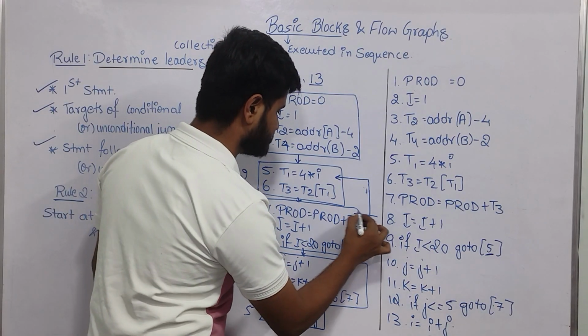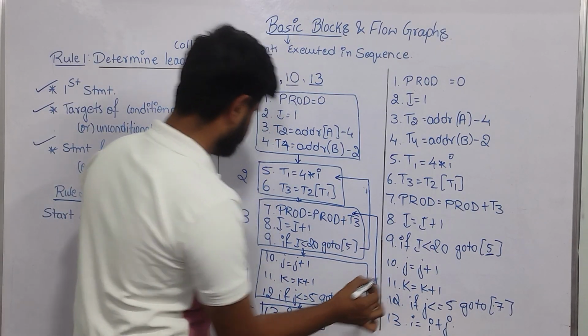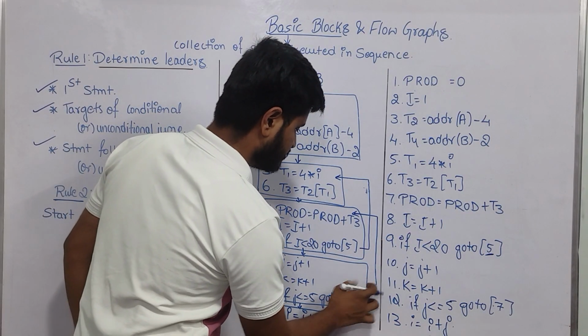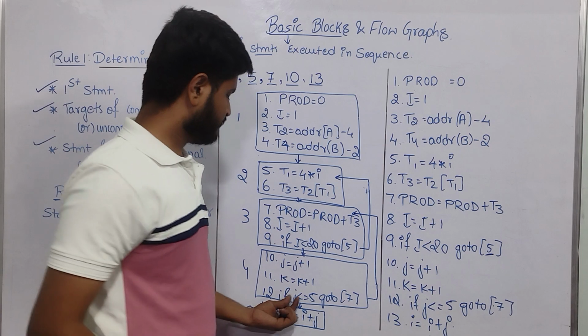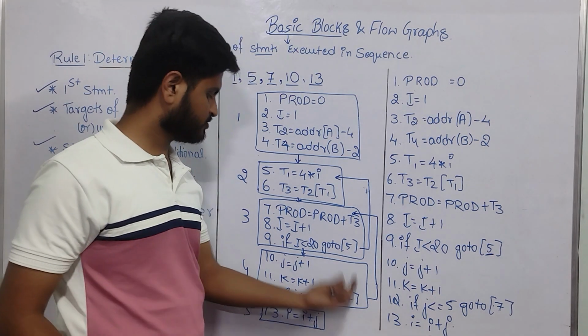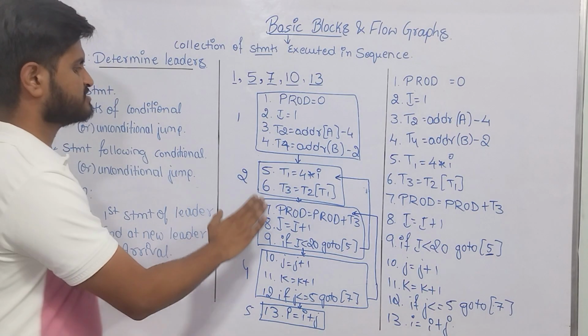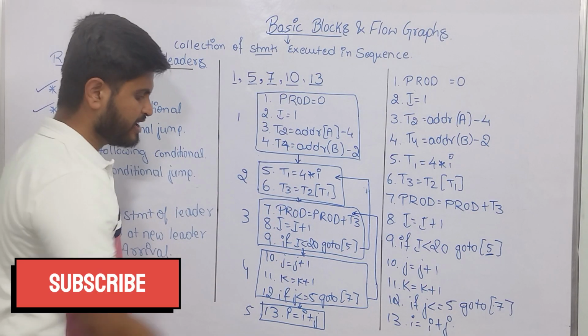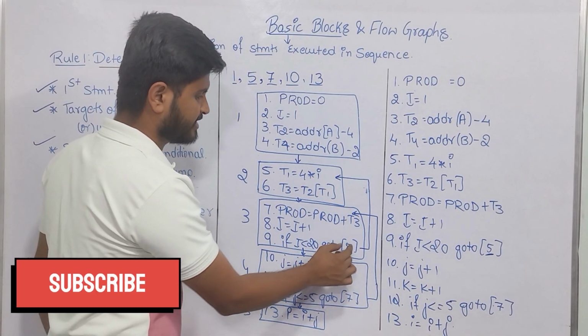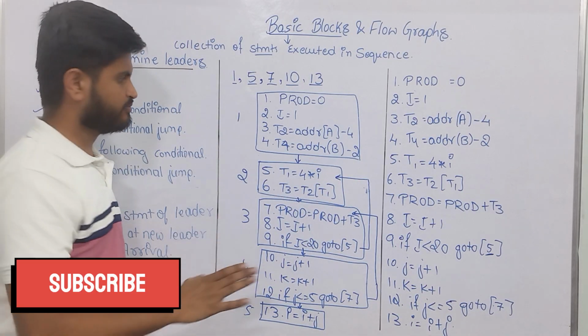Where is the 7th instruction? The 7th instruction is in the third basic block. So you will give the arrow when j is less than or equal to 5, go to the 7th instruction. So this is the flow graph from upside to downside, and if there are any target addresses given, redirect it to that basic block.